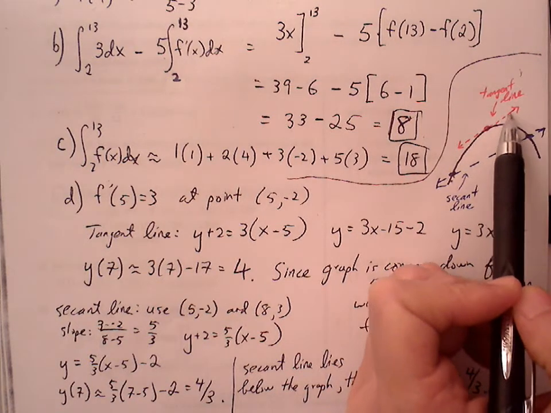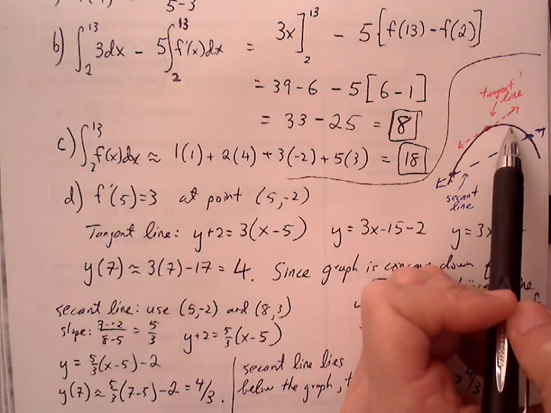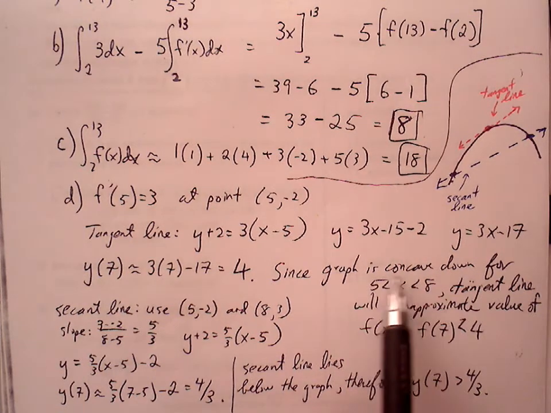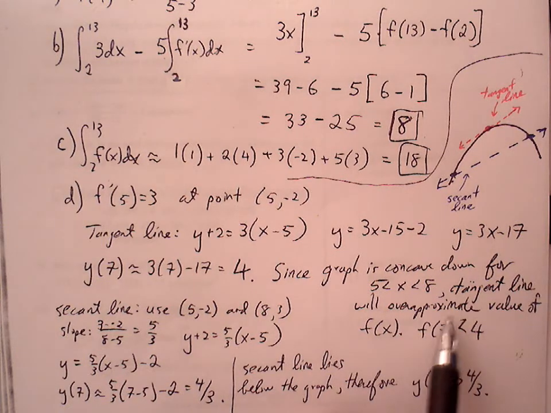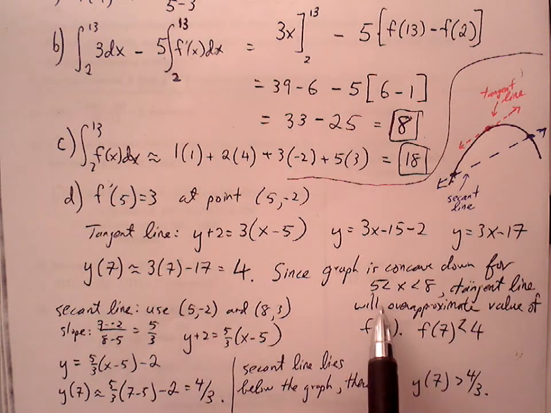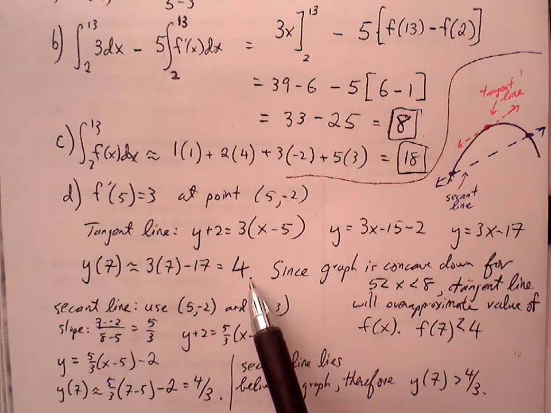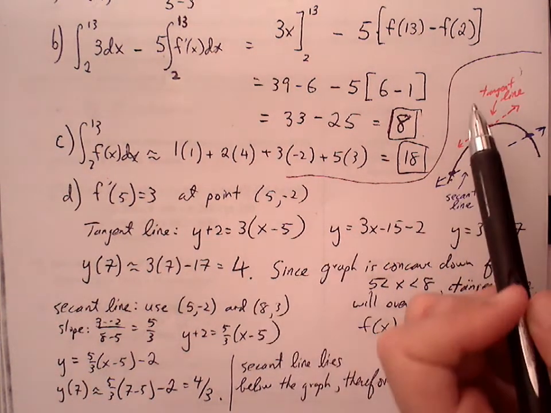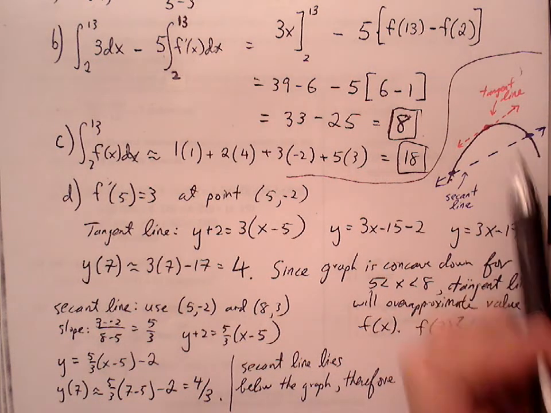So we know that that point must be an over approximation of the actual graph. So since our graph is concave down, our tangent line is going to over approximate, so we know that f of 7 must be less than 4, because our tangent line approximation has a y value of 4, and we know that the tangent line sits above the curve, so the actual point must be less than 4.